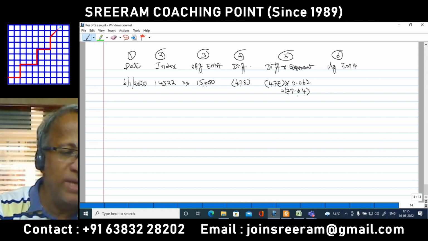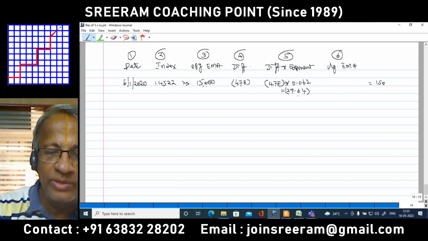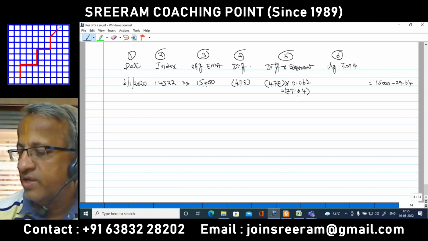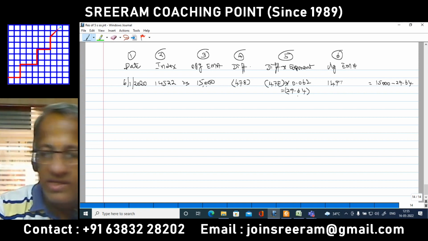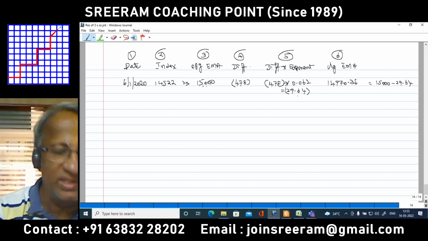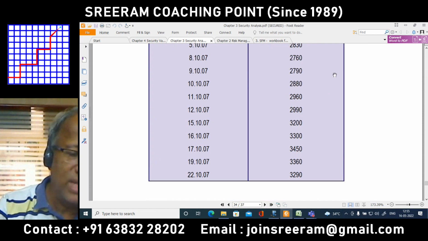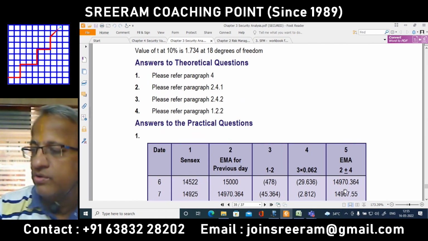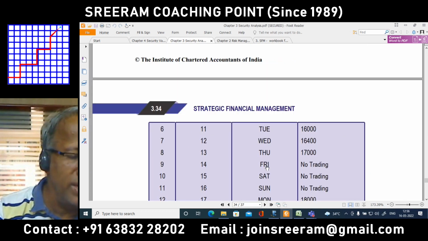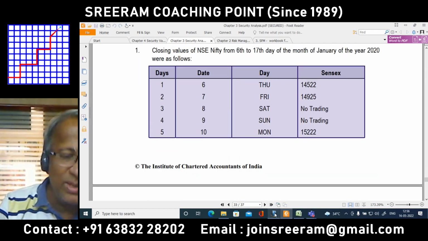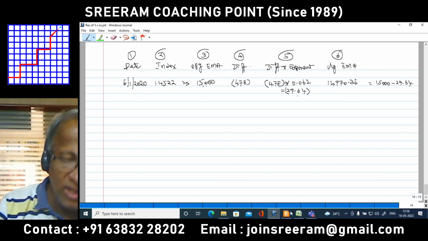This negative figure should be adjusted with the opening EMA, that is 15,000 minus 29.64. It comes to 14,970.36. Let us check whether it has come like that. So it is all like that. We will just maintain our computation, and it is always good that when we do it on our own, we will have a better impression on the subject.